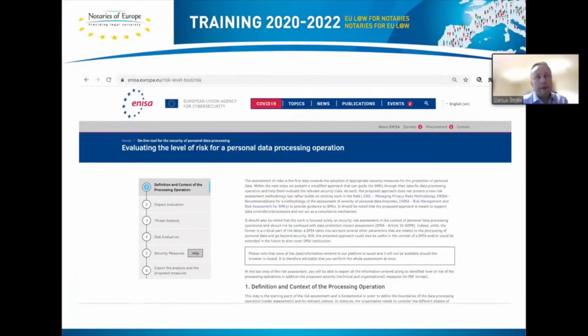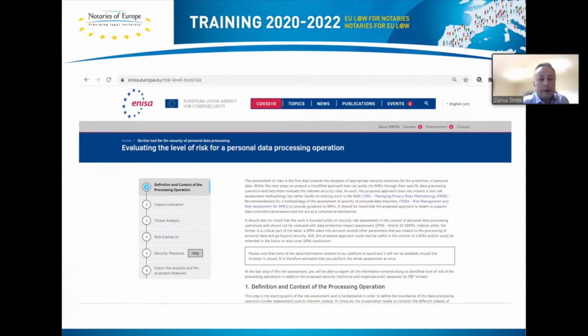We can start from data inventory. After that, we identify risks, indicate impact, etc. So at the end, we can export the file with the list of recommended security measures, and have evidence of compliance according to the GDPR.